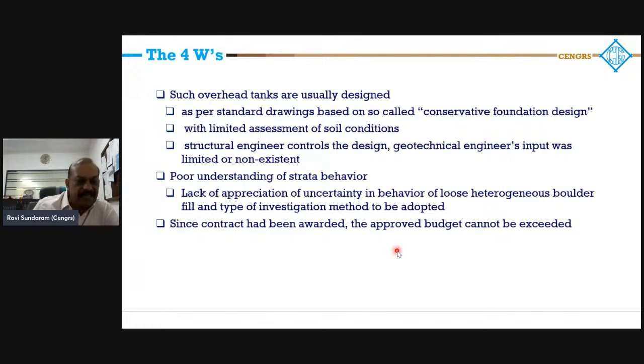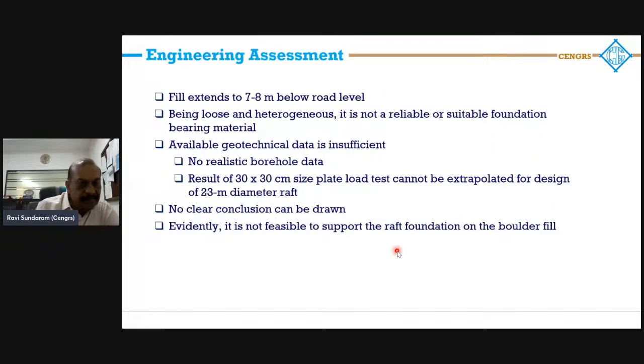Since the contract had been awarded, the approved budget cannot be exceeded. That was another issue. So what we found was that the fill extends to 7 to 8 meter depth. Being loose and heterogeneous, it is not a reliable foundation bearing material. So available geotechnical data is insufficient.